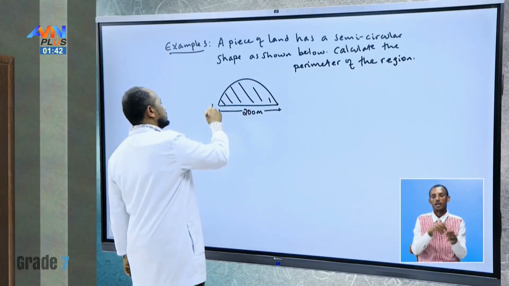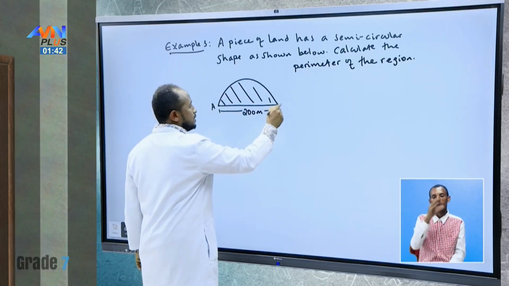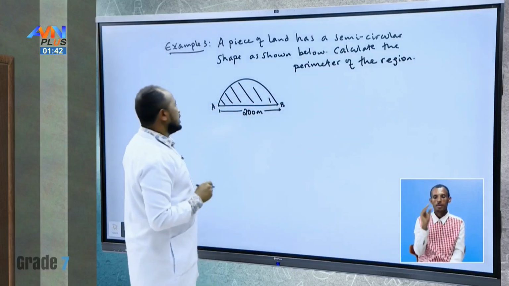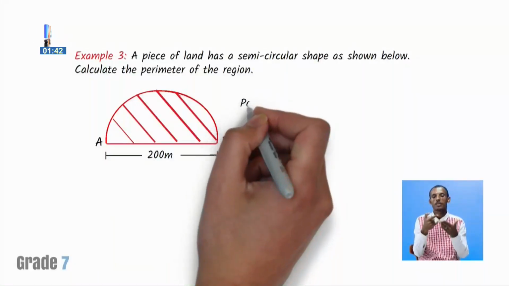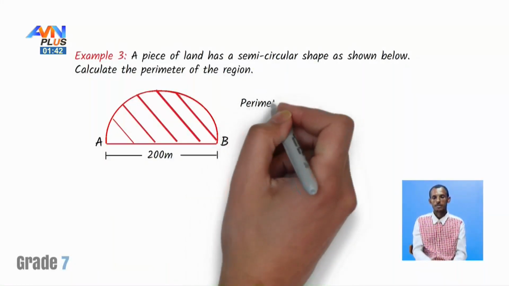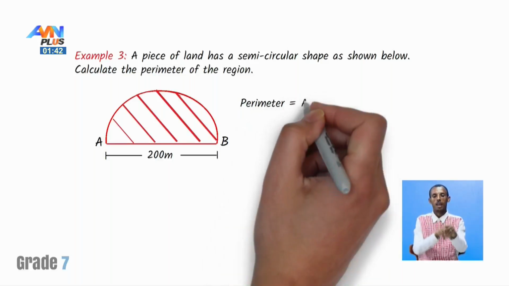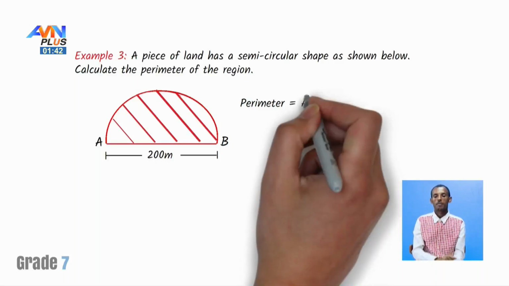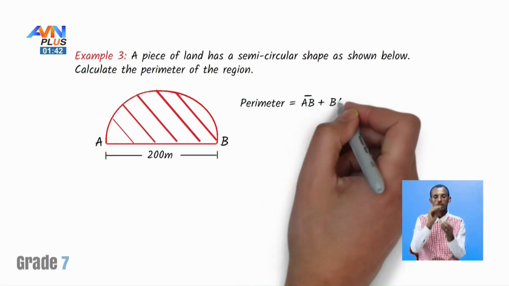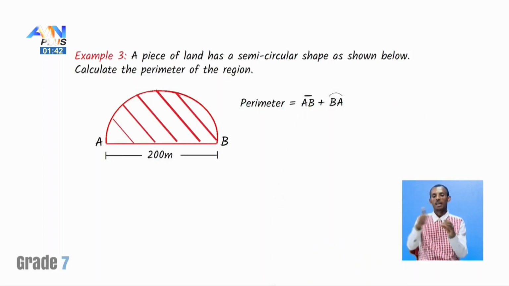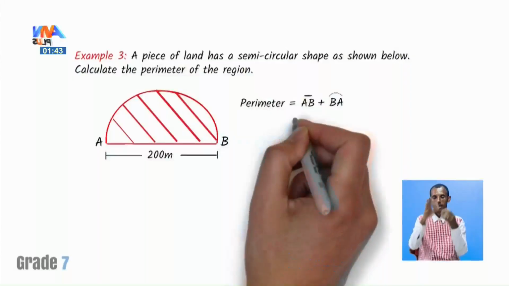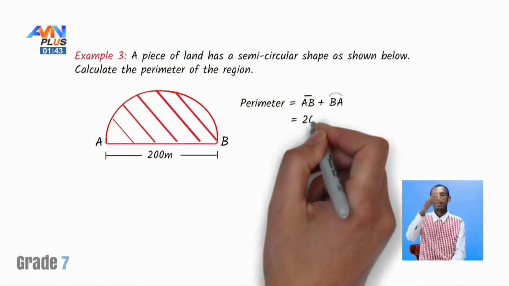So, let's assume this point to be A and this point to be B. And the perimeter of this region is equal to the length AB plus the arc BA, which is half of a circle, which is the semicircle, arc BA. Now, here, the length AB, as you can see, is 200 meter.